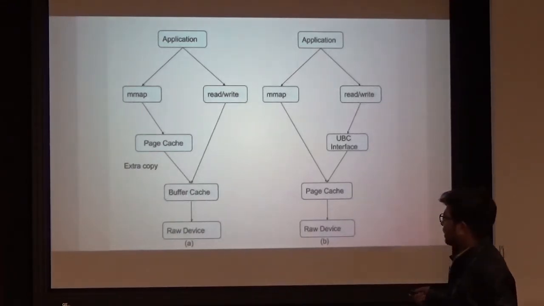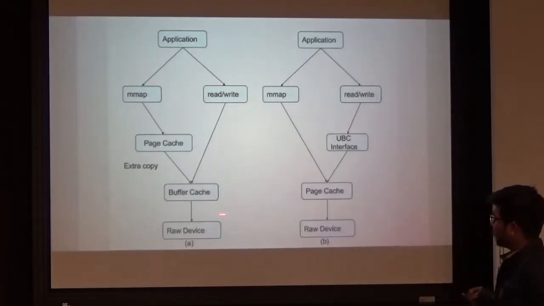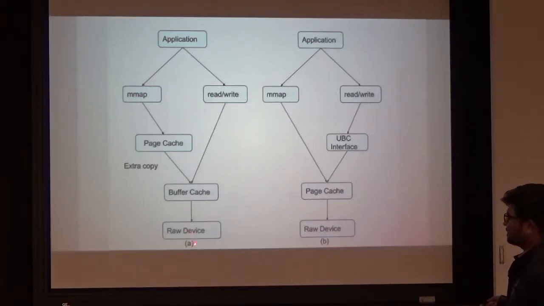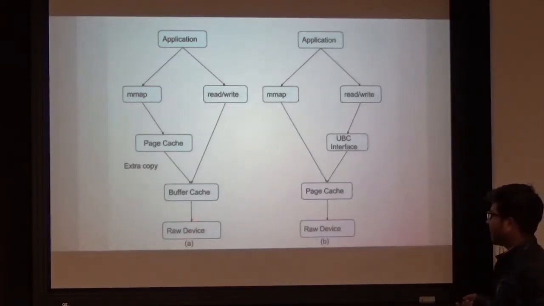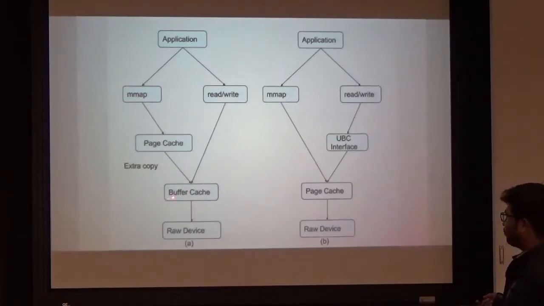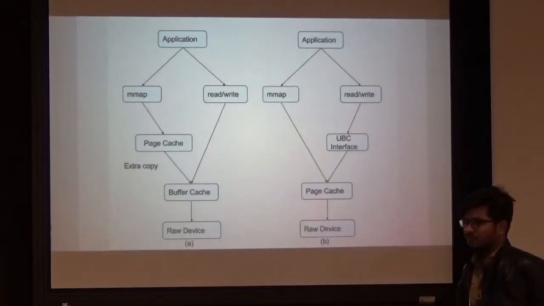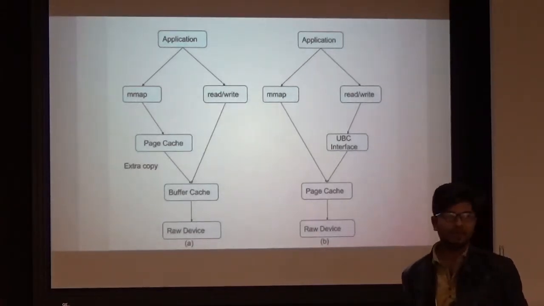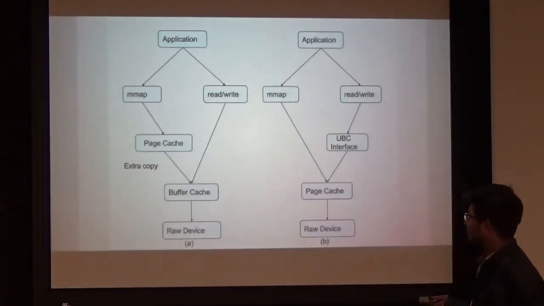For getting the data stored in any disk, the data first has to go through the buffer cache, and for this particular case of mmap, it has to go to the page cache as well, and then to the application.